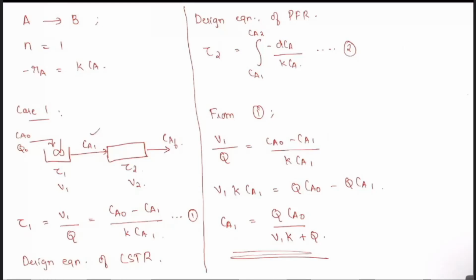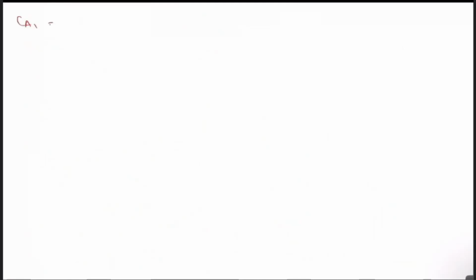We can even simplify this a bit more. Let's say we divide numerator and denominator by Q. So this can be written as CA0 by (V1 by Q into k plus 1). And what is this V1 by Q? That is basically tau1, right? So CA1 will become CA0 by (tau1 k plus 1).